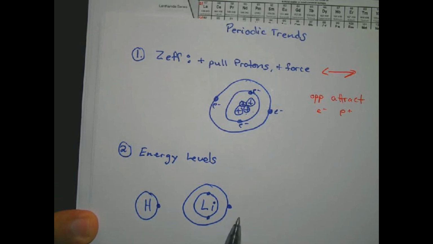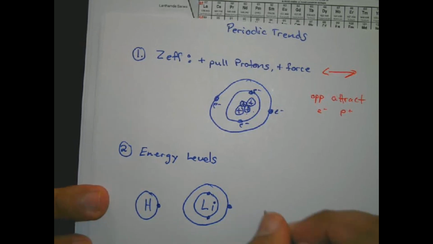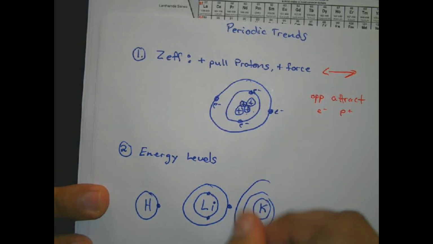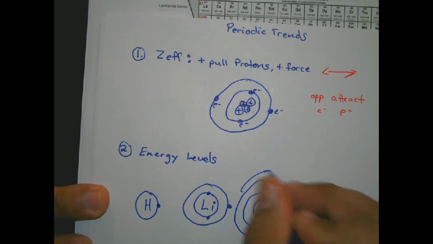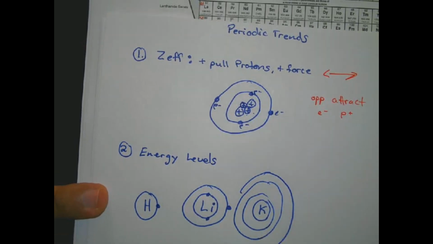If we went to sodium, we'd gain another energy level. If we went to potassium, we gain another energy level. As we go to potassium, which has 4 energy levels, you can see that the size of the atom is increasing as you go down the periodic table.